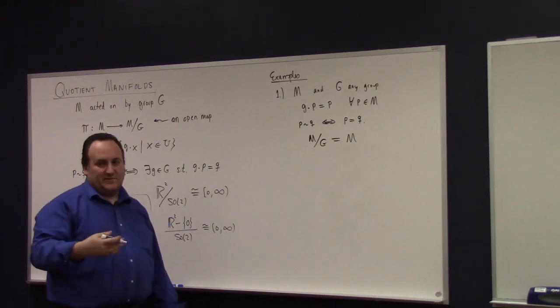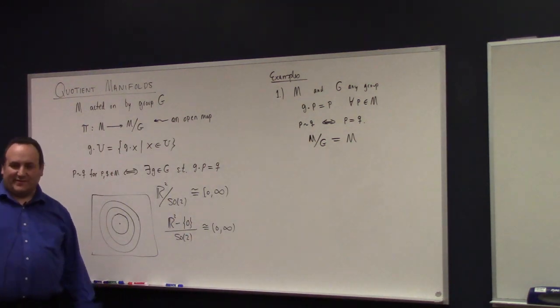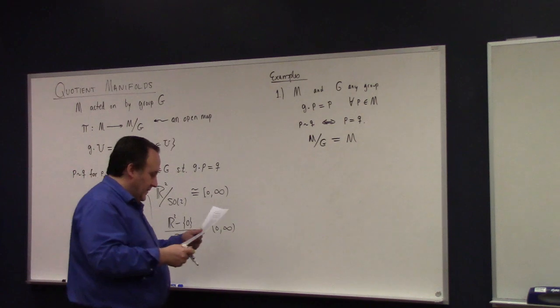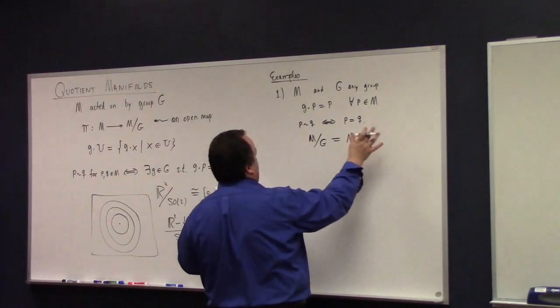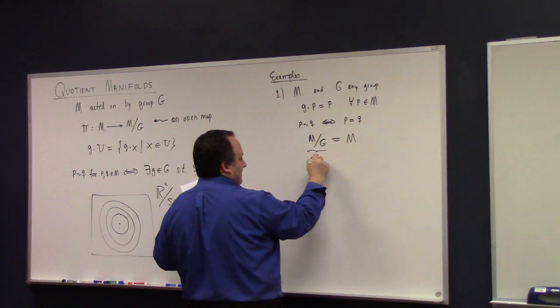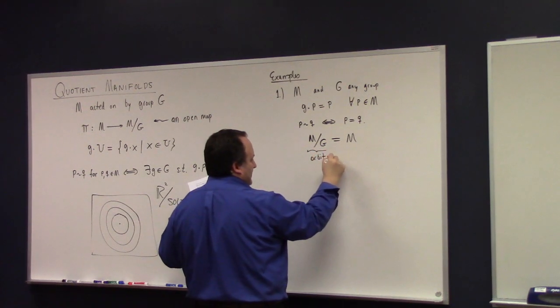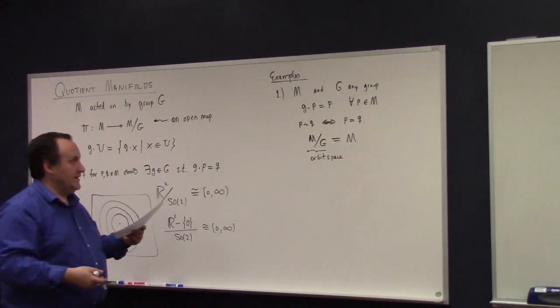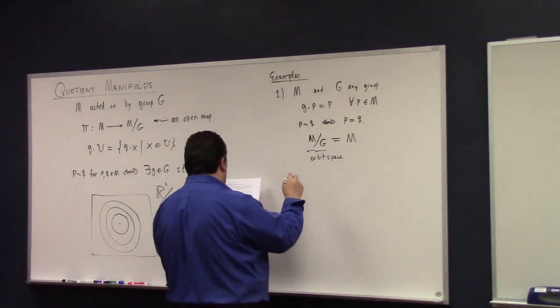It's a stupid version of M where you've replaced all your points with singletons which contain the point. It's literally a set of sets. Anyway, dumb. But nevertheless, this is the orbit space. And is the orbit space a manifold? Well, yeah, because M is a manifold. All right, so there's a positive example.